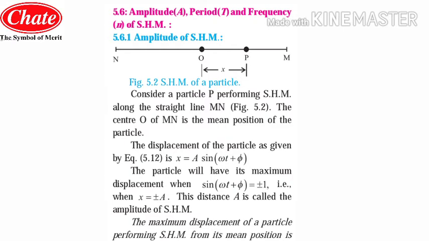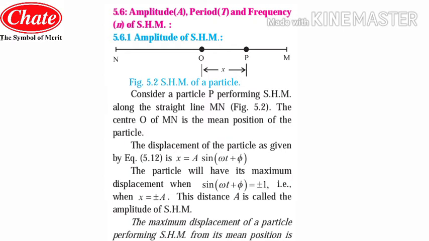Means students, P is the particle which performs the SHM, that is simple harmonic motion, and O is the center of M and N, means MN is the line and O is the center, which is the equilibrium position of the oscillation performed by that particle P. Now the displacement of the particle is given by the equation x is equal to a sine of omega t plus phi, which is the general equation that we prefer for the displacement.